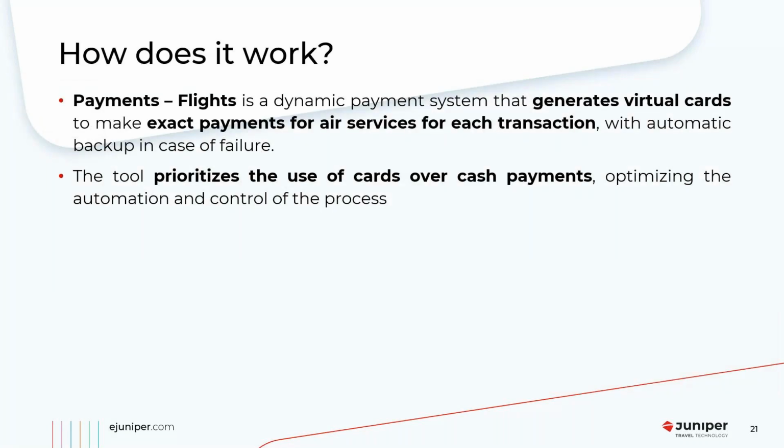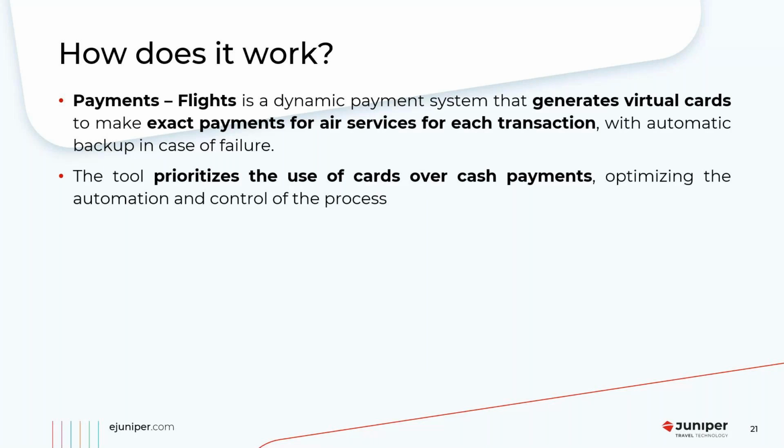And we also have the payment flights module, which is a dynamic payment system that generates virtual cards in real time, to make exact payments for air services in each transaction, with automatic backup in case of a failure, ensuring secure and efficient processing.